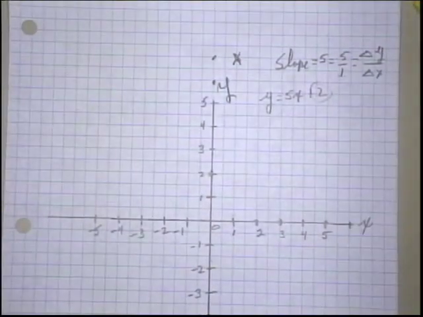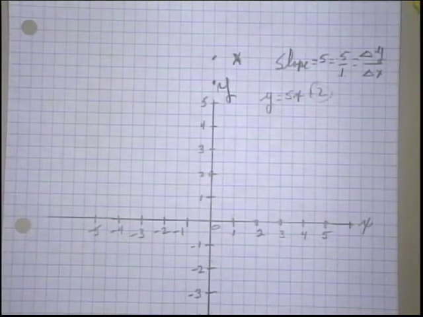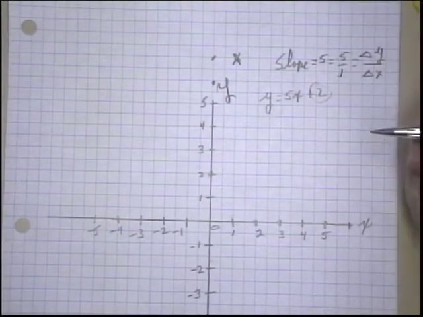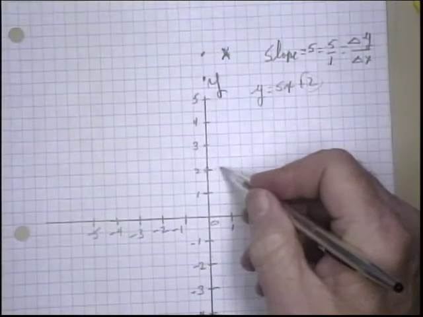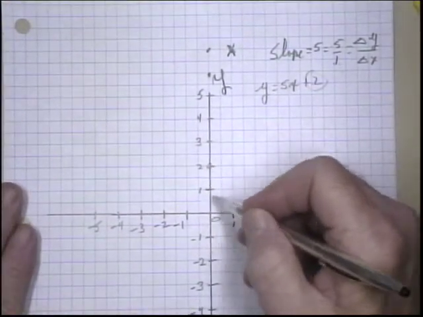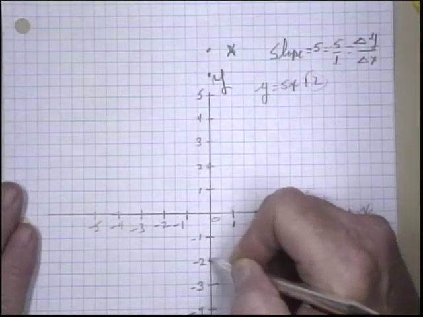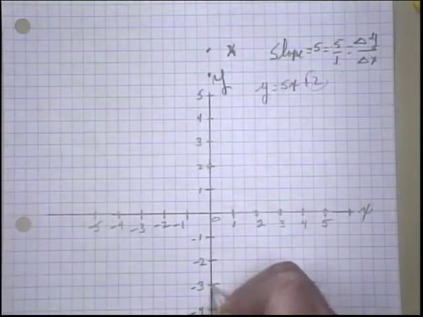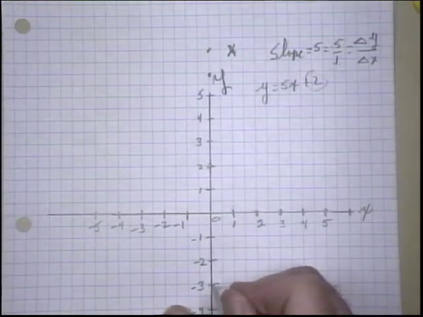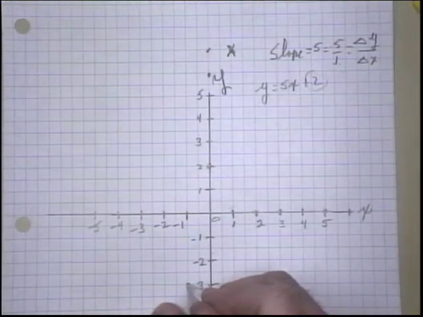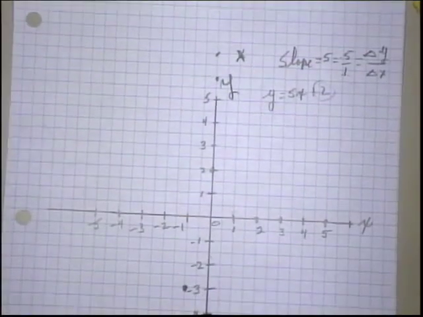That's still a positive, right? Excuse me, -5 divided by -1 is a positive. If we went negative, we'd go down 5: 1, 2, 3, 4, 5. And we'd go in the -1 direction, a negative over a negative, which would give us a point right here.